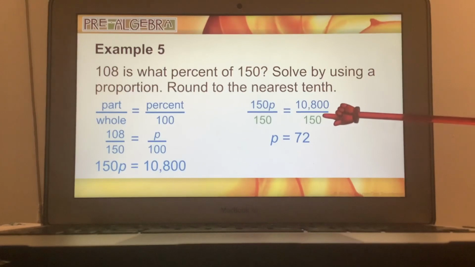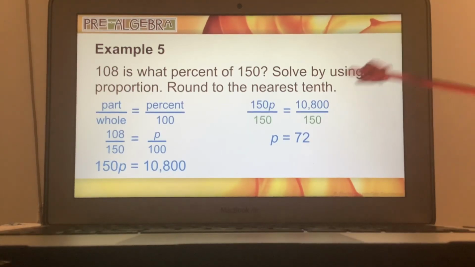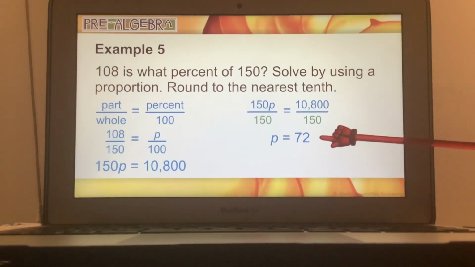If you look at this carefully, you could cross out this 0 and this 0. Then you just have 1080 divided by 15. That would definitely be much easier to divide than 10,800 divided by 150. So always look for ways where you can right away reduce your fraction as much as possible before you move on. Okay, so your final answer here is P equals 72.